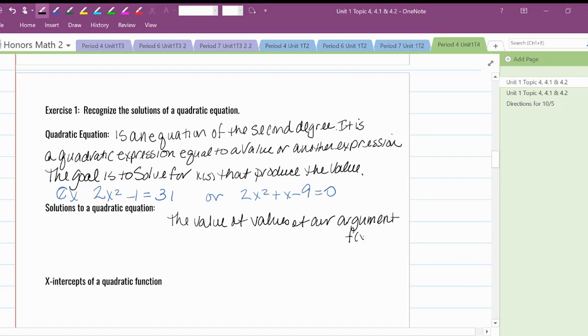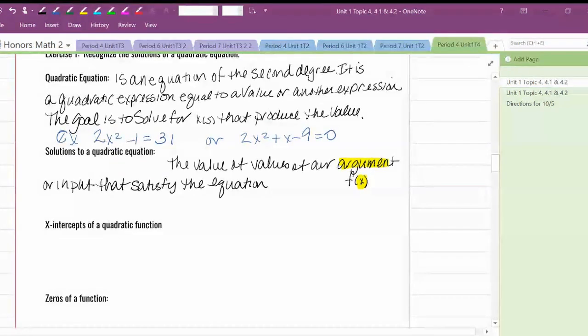So that's what we're taking the function of. Another way we can think of this is inputs to our function that satisfy the equation.